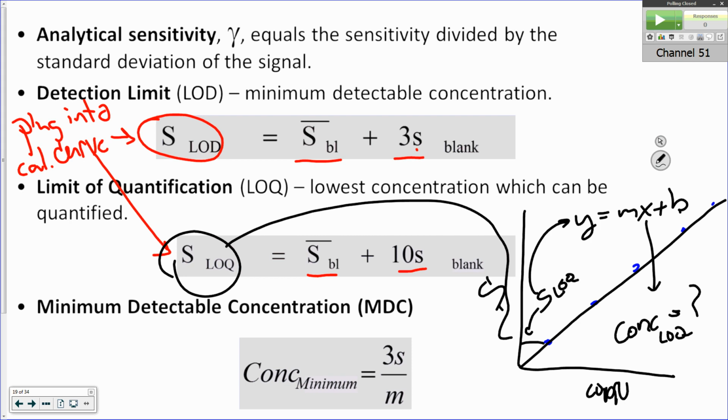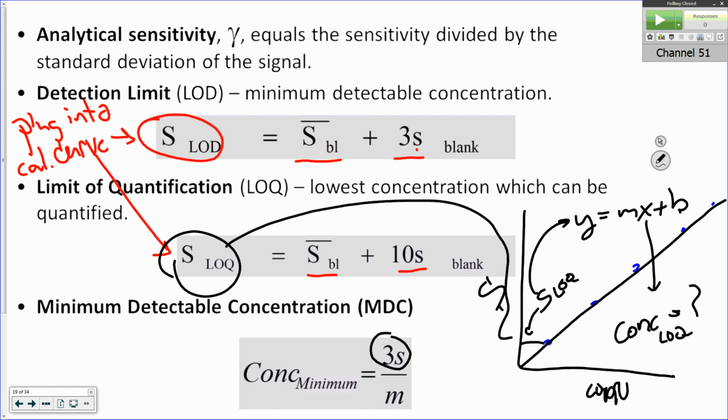Then you can talk about how to do it visually, but that's really tough to do. The best way is to treat it mathematically. The minimum detectable concentration is typically 3 times the standard deviation divided by the slope of the calibration curve.